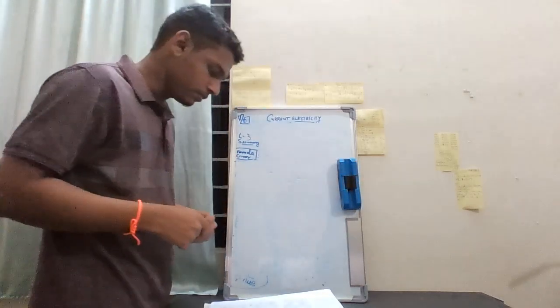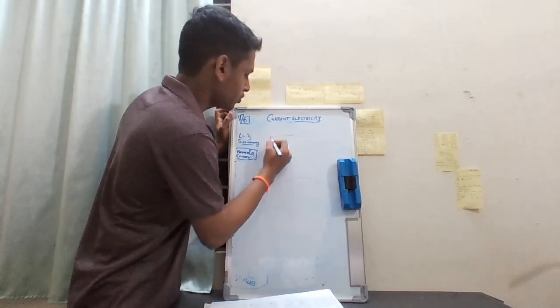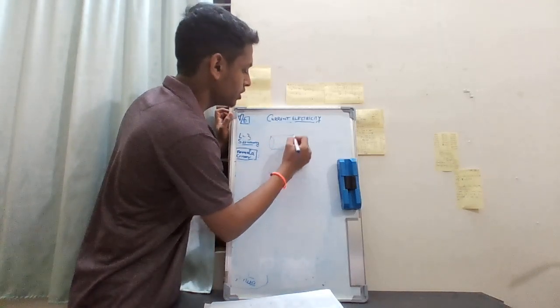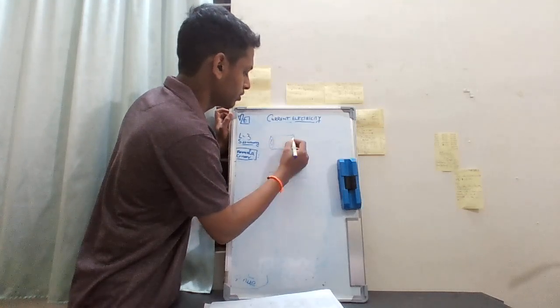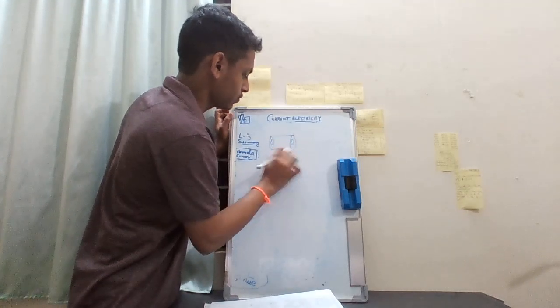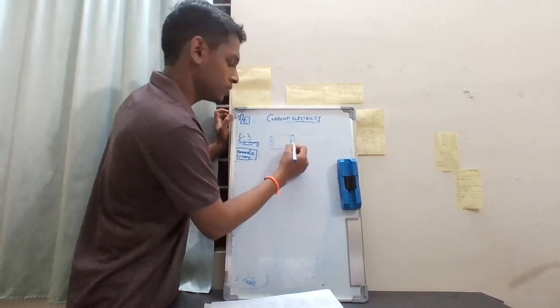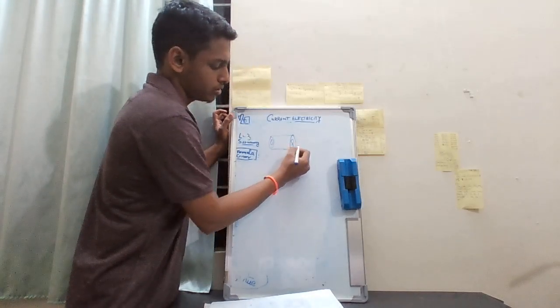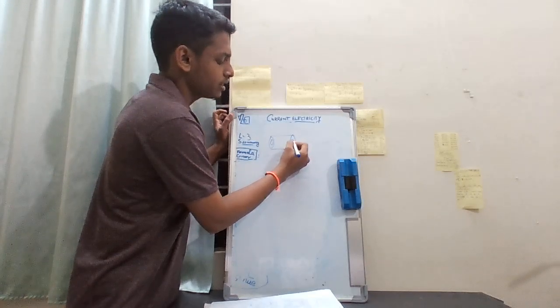Next, we'll see a hollow cylinder of some thickness. Here the outer radius is R1 and the inner radius is R2.